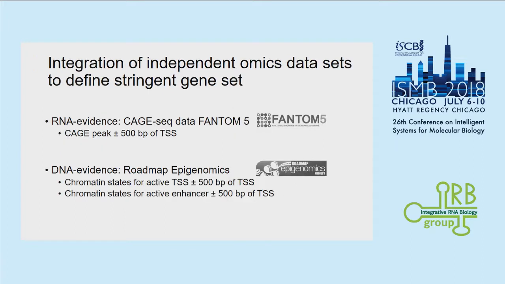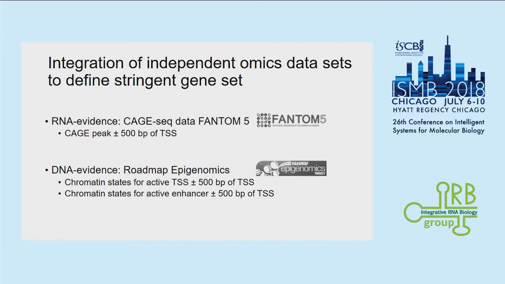So a way of filtering and refining our gene models and defining a stringent set is by integrating independent omics datasets from external cohorts. So we integrated evidence at two levels. At the level of RNA, we integrated CAGE-seq sequencing data from FANTOM5.